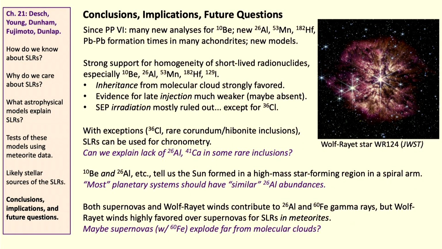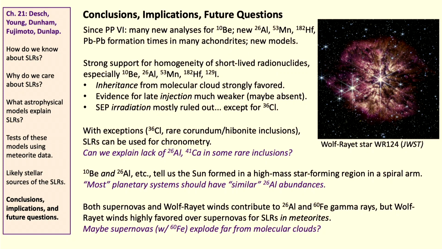Okay, so what I'm struggling to understand here is your statement or perhaps prediction that most planetary systems should have similar aluminum-26 abundances. The reason I'm a bit confused is we are finding planets around stars that have formed in the thick disk and regions that are maybe not consistent with star formation or with forming in a spiral arm.